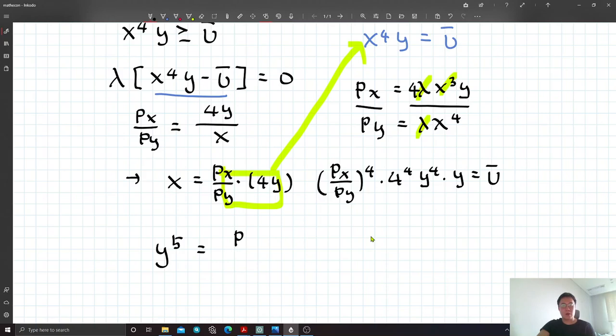Yeah, I'm sorry, this is a typo. When we solve for x, I obtain py over px.